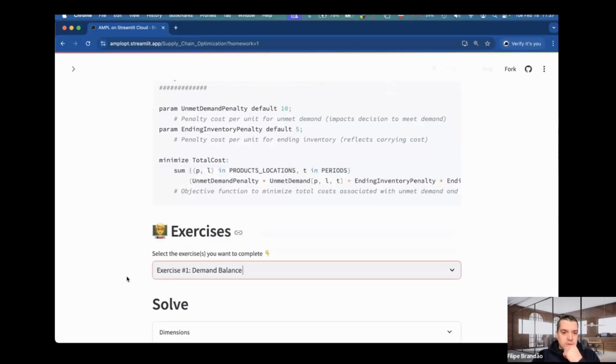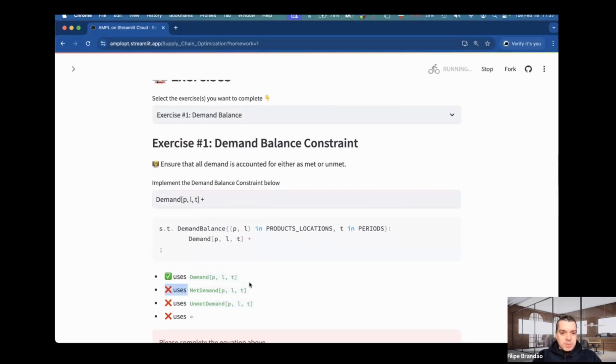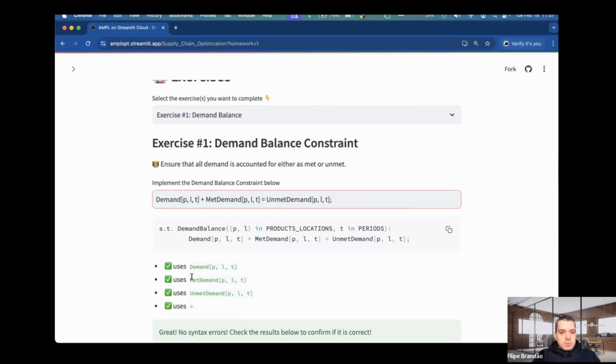Then another possible source is modeling issues. For instance, demand balance. Let's make some big mistakes here. Let's say that demand plus met demand is equal to unmet demand. This one is included when you are solving the exercises.